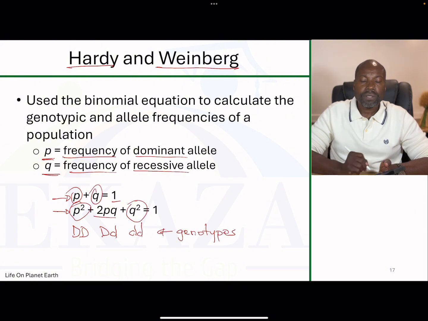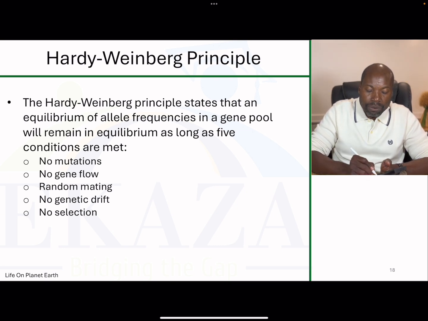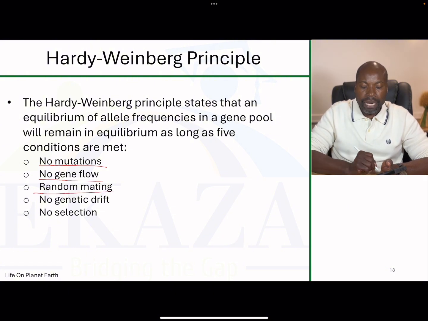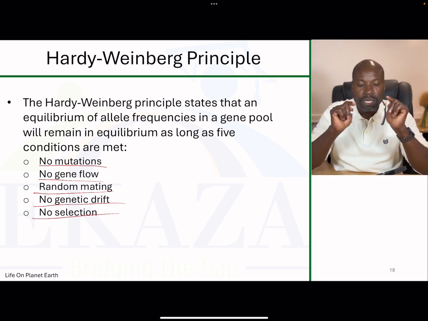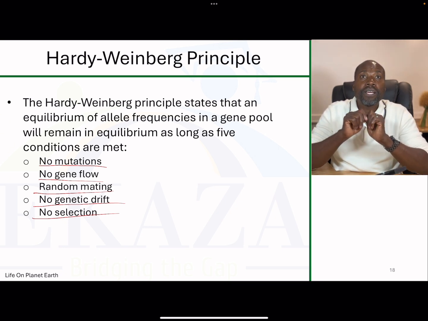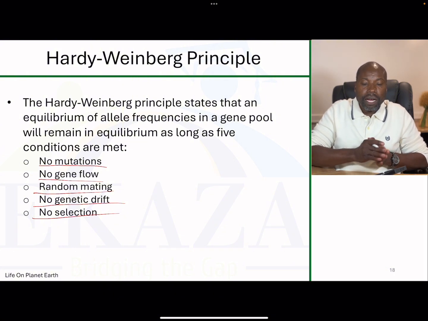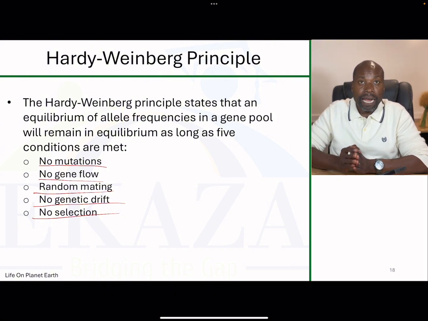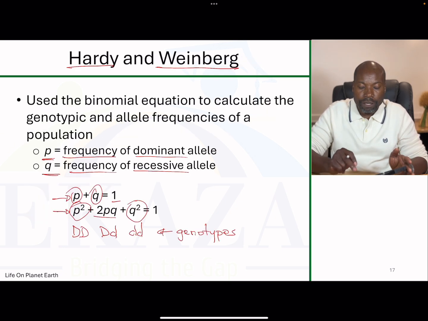And this is nothing but the genotypes, okay? So now, Hardy-Weinberg said, well, there is no mutation, there is no gene flow, there is no random mating, there is no genetic drift, there is no selection. That's the assumption of the equilibrium in a population based on the Hardy-Weinberg principle, right? There is no modification that ever happened in a population, right?